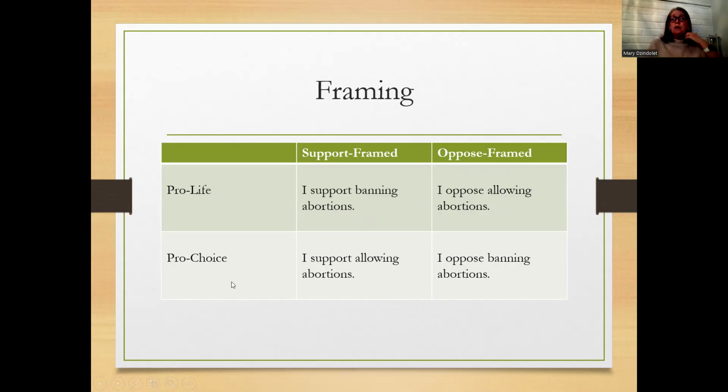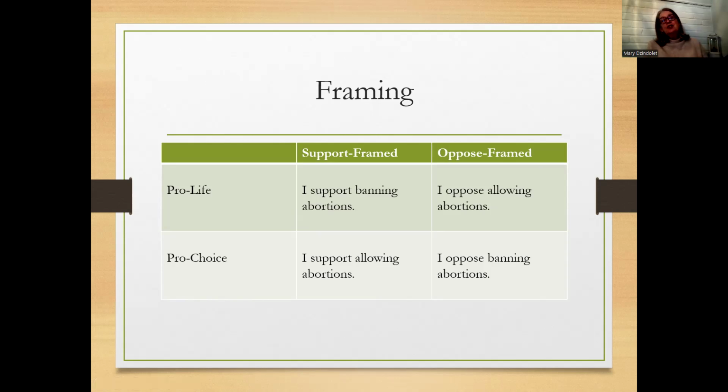Someone who's pro-choice, a support framed sentence would be, I support allowing abortions. You can get that same idea across in an opposed frame by saying, I oppose banning abortions. So regardless of your opinion, pro-life or pro-choice, you can frame it in either a support or an opposed fashion.